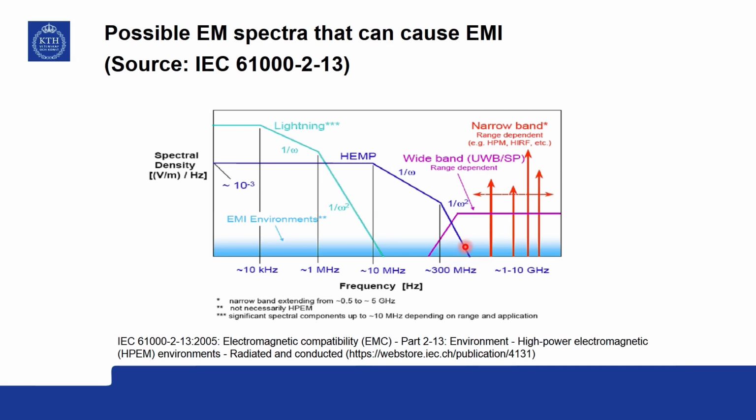Then narrow band, high power microwaves, high intensity radiated frequencies, etc., that they come here in small narrow bands or very wide band, single narrow pulses, it can come over here.